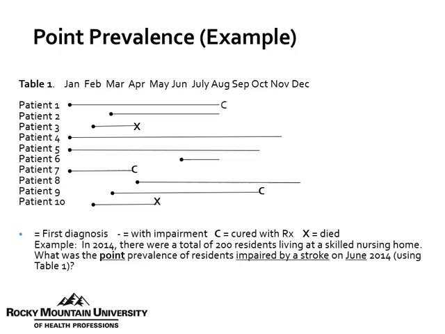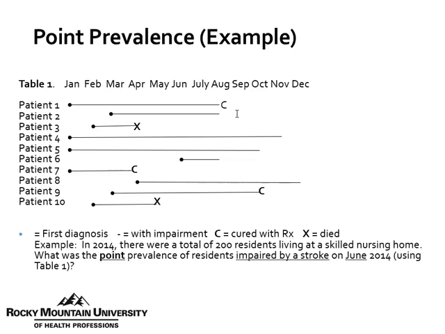So you would just want to take a look and see if somebody has a line extending from a dot, that means that they're impaired with stroke. C means cured. Obviously, for this example, that's probably not true or representative. Obviously, people probably still have deficits if they survive.